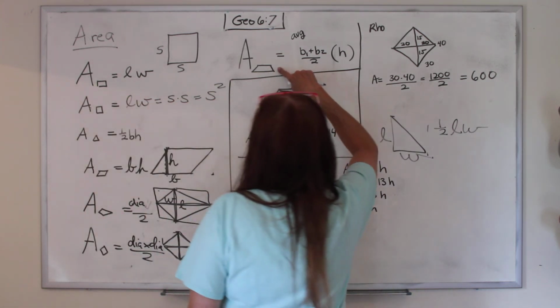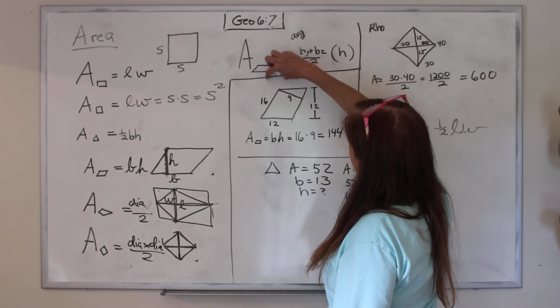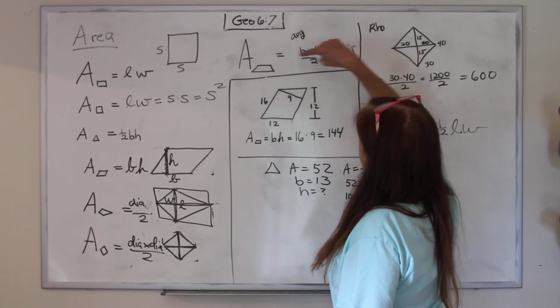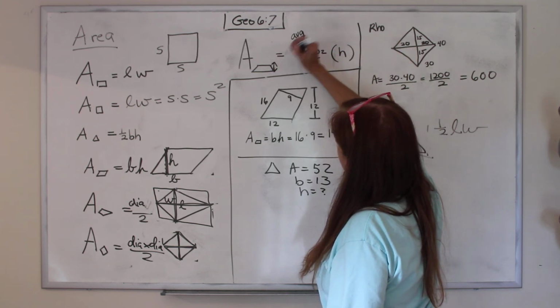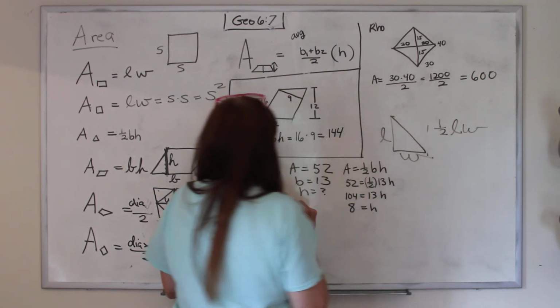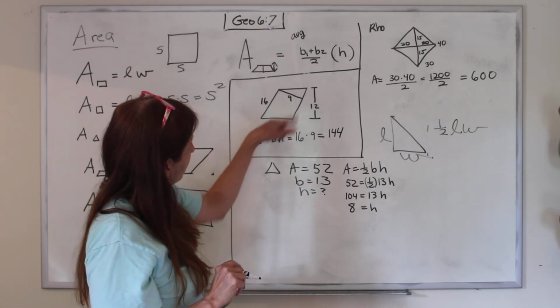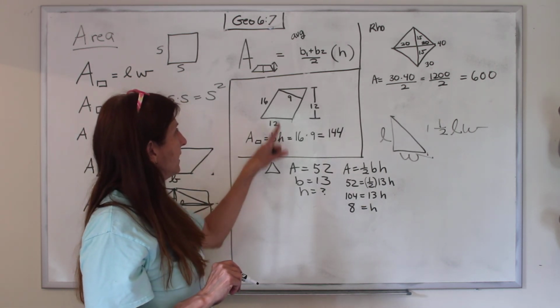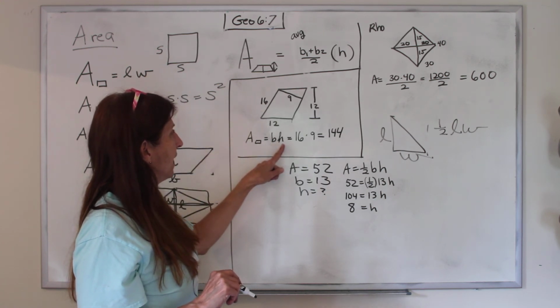Okay, what about a trapezoid? With this one, it's an average. We add up our 2 bases, divide them by 2, and multiply them times the height. Not the slant height, the height. The distance right there. So here is a parallelogram, and we want to get its area, which is base times height.